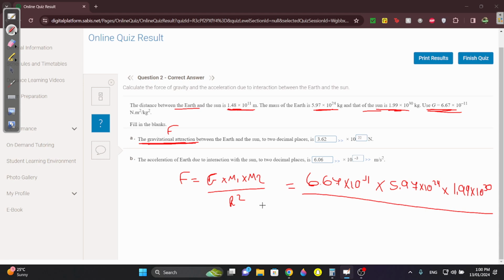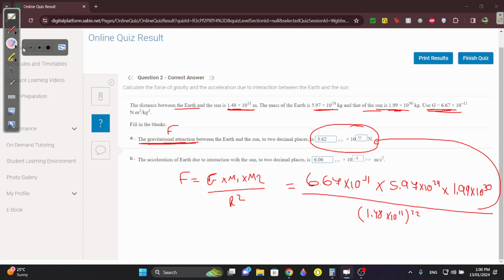R is the distance here, 1.48 times 10^11, squared. You do this on a calculator and you're going to get this answer over here. That's it, it's just calculations.